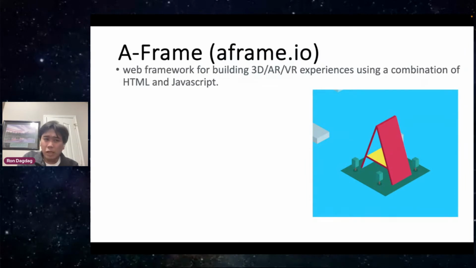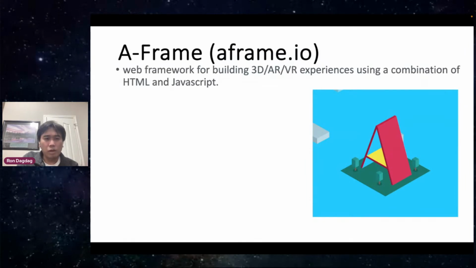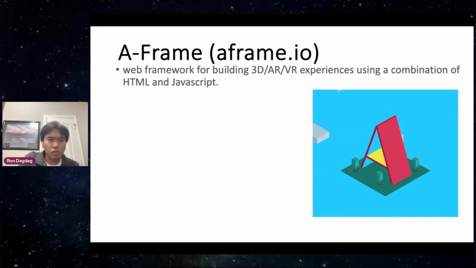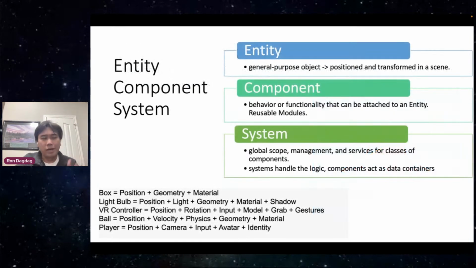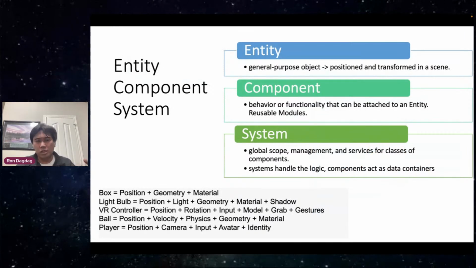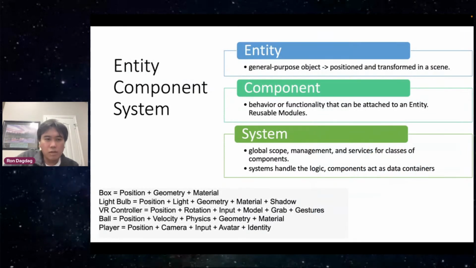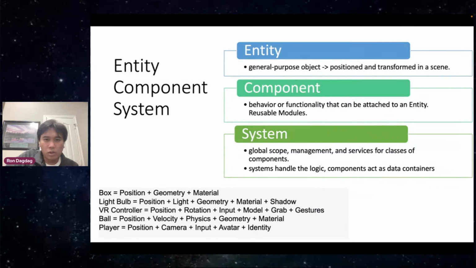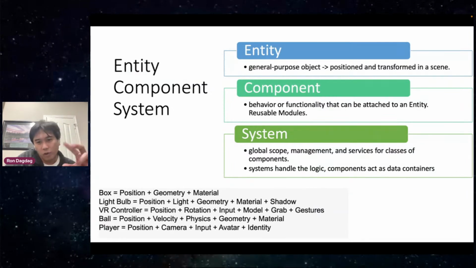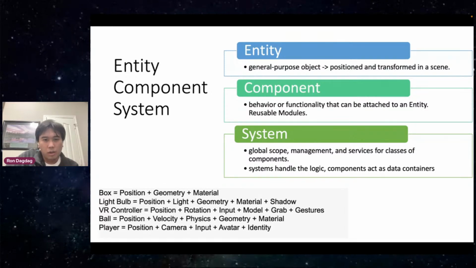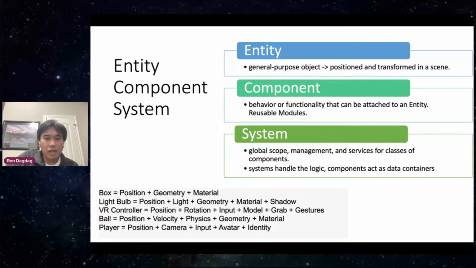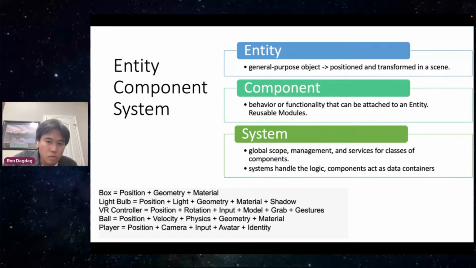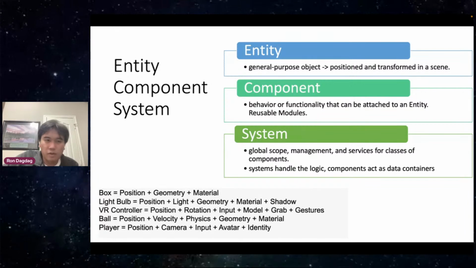I did talk a little bit about A-Frame. A-Frame is a web framework, a combination of HTML and JavaScript. But I wanted to talk more about it because it runs on an entity component system, where you have entities, which are general purpose objects, and then you can have components that give the behavior of that entity, and then you have the system to do management, global scope, and handing off the logic.